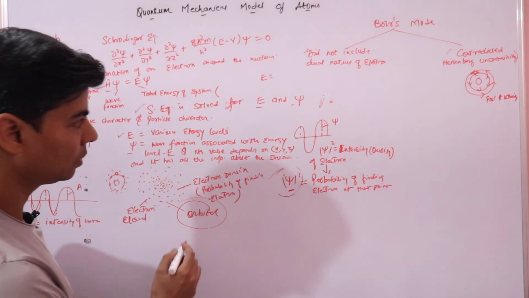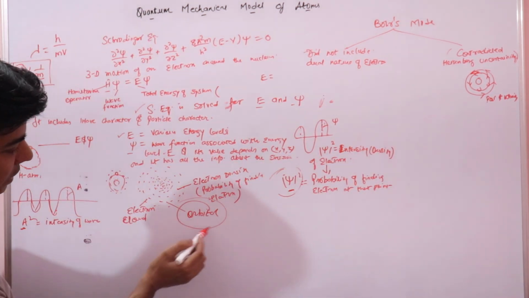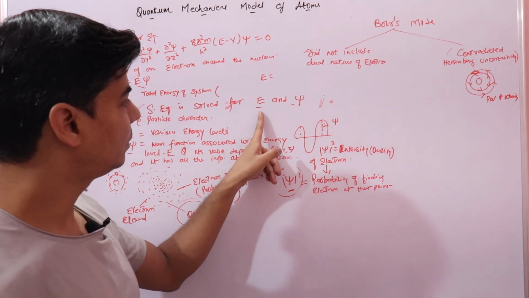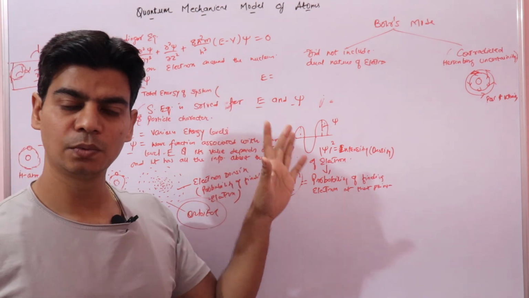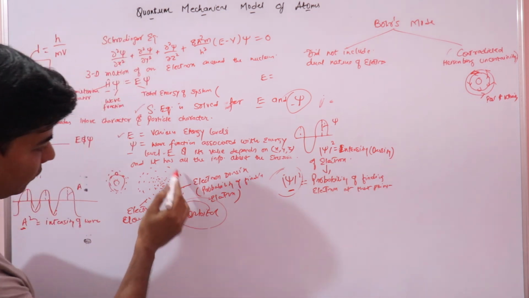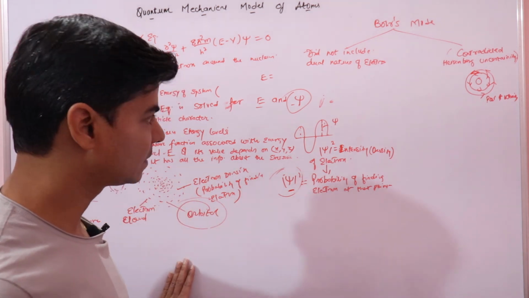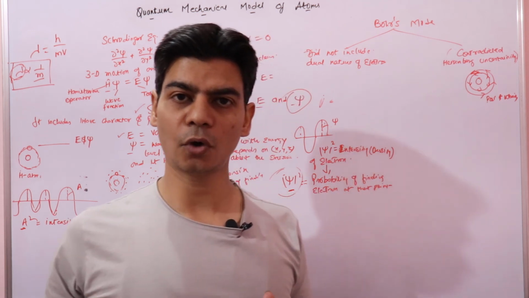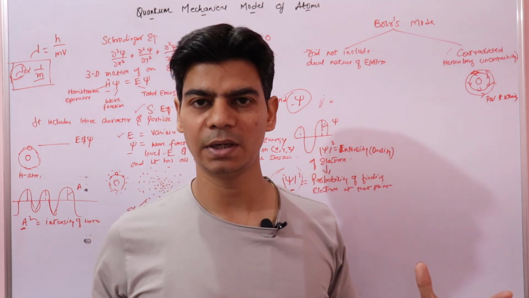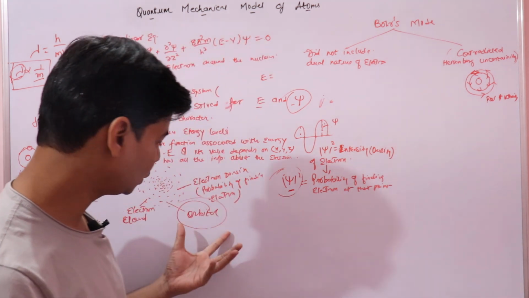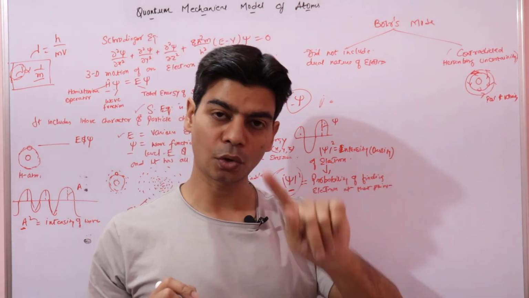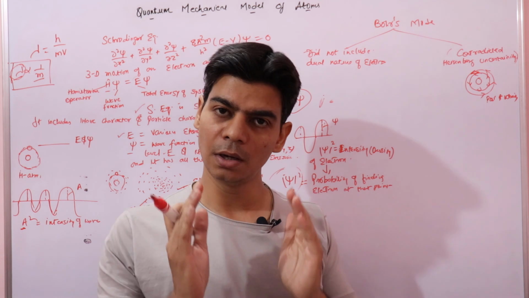But how did this problem get solved? In quantum mechanics we solve the Schrodinger equation for E and psi. The value of psi gave you the concept of orbital, like I explained here. The concept of orbital does not talk about a definite path or a definite position of the electron around the nucleus.